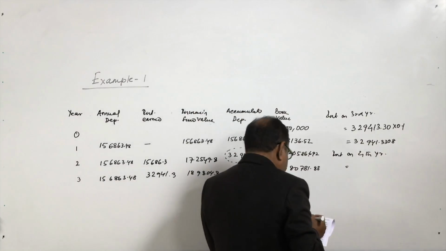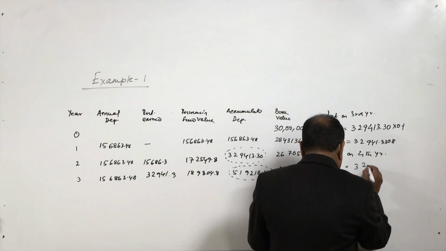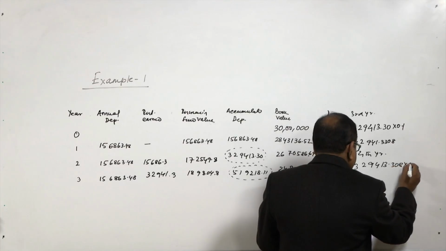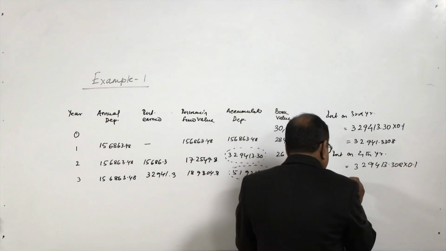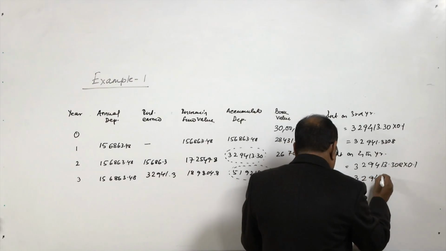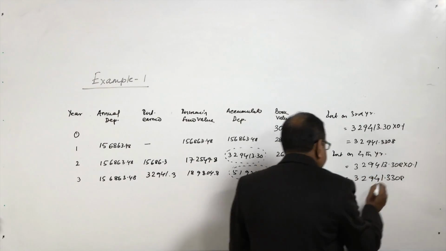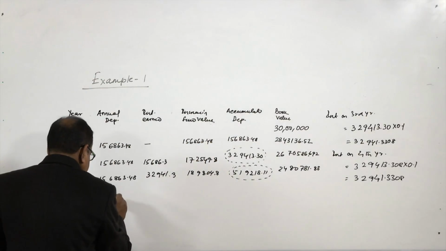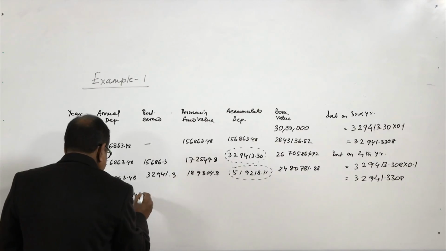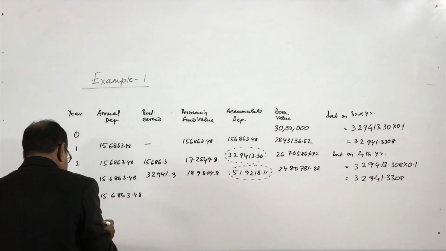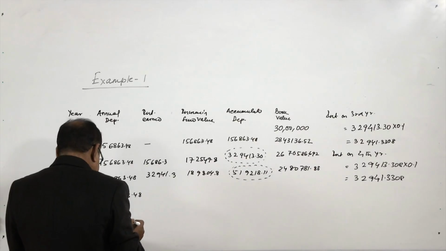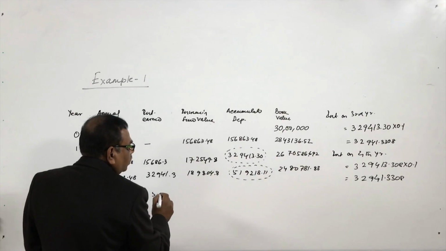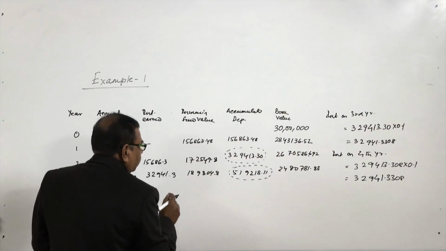So, this will be 329413.308 into 0.1 because 10% of it is 329441.3308. So, interest charge in the fourth year will be... I have wrongly done it.